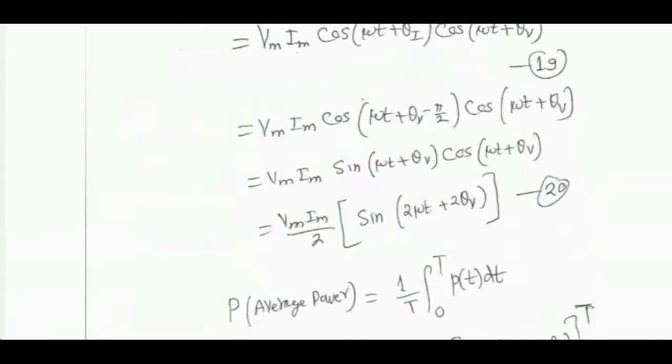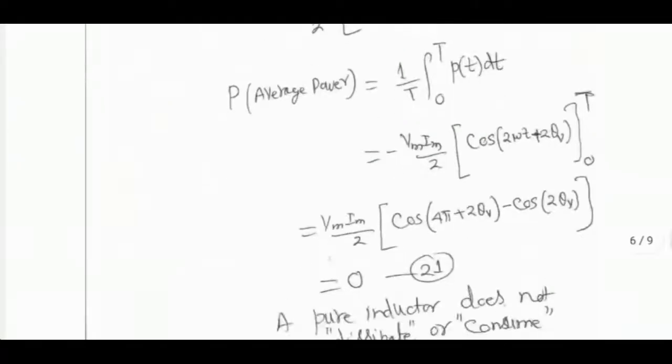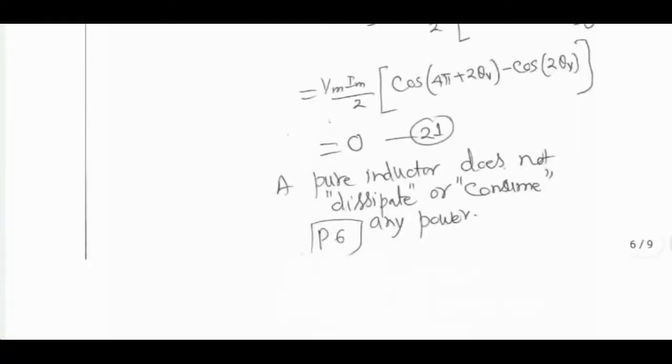But once you take the average of this and figure out the average power, it turns out to be 0, which was not the case in a purely resistive load. So the pure inductive load does not consume or dissipate any power. This is what we had done until the end of previous lecture.